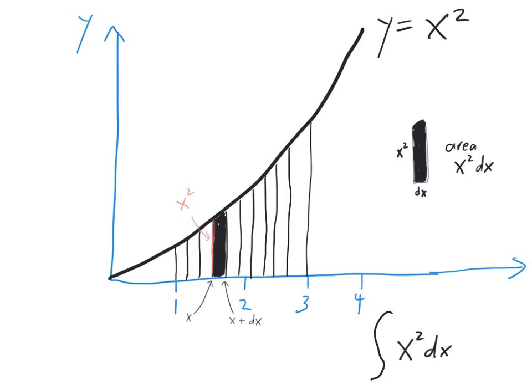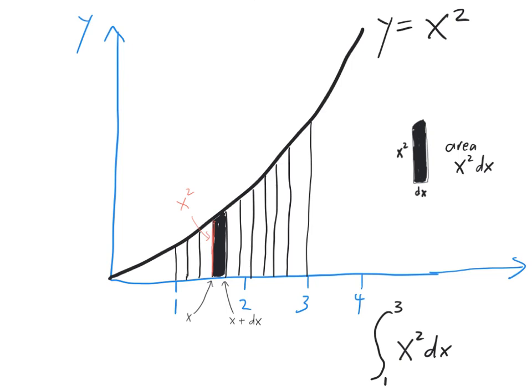And I want to sum up the little rectangles starting from the rectangle at x equals 1 and ending at the rectangle at x equals 3. And this expression that we just derived will tell me the total area under this curve, because this integral symbol means, think of it as, add things up.